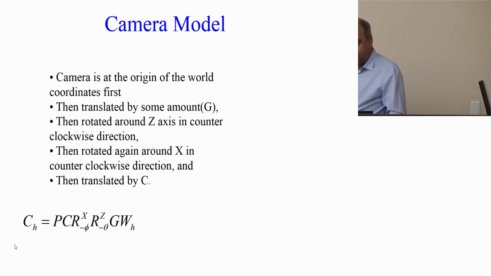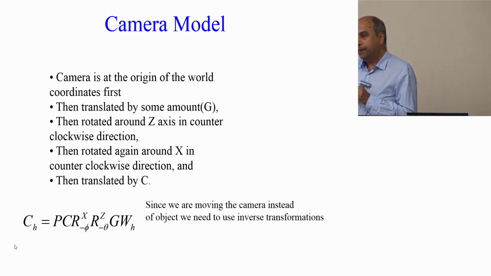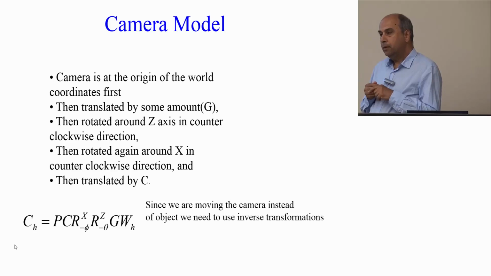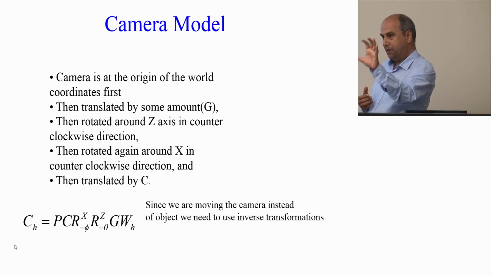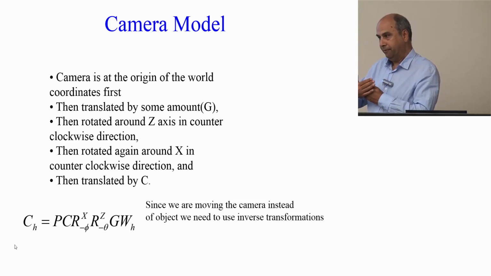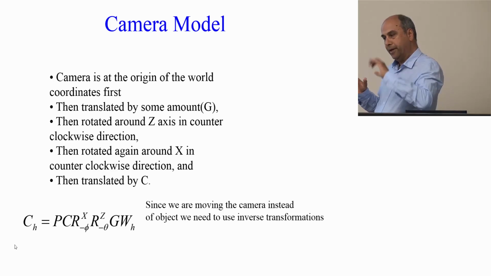Now one thing is that in this, what we are doing is translating and rotating the camera, and then we are taking the picture of the scene. So all this is relative. Either the camera is fixed and the object is rotating and translating, or the camera is rotating and the object is fixed.